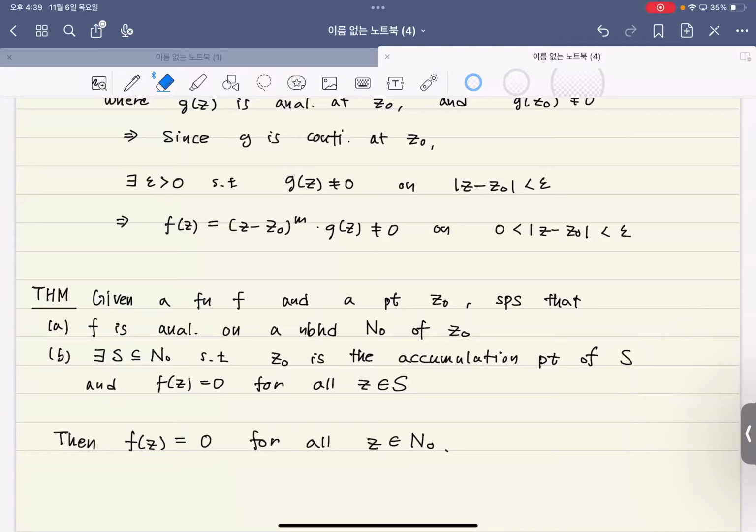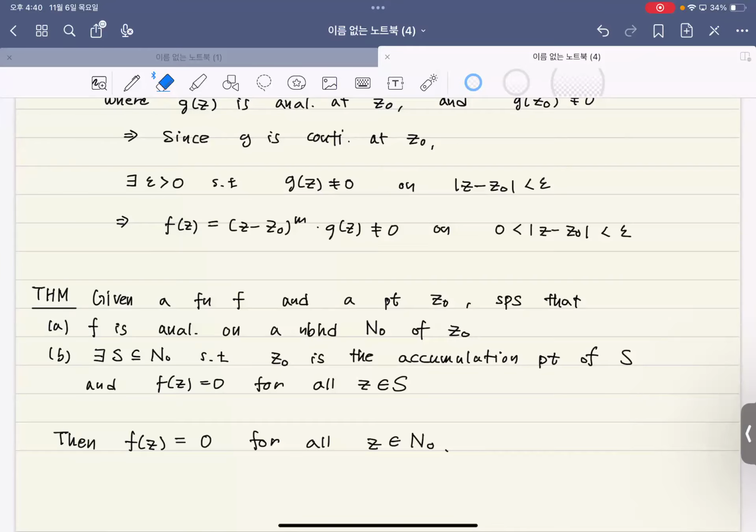Because if f of z equals 0 for every point z in S, this implies f of z0 also must be 0, right? So this is a zero of my function f, but it is not isolated.